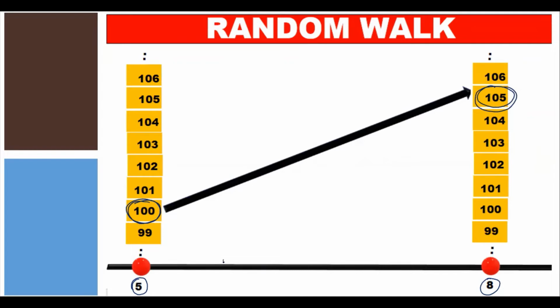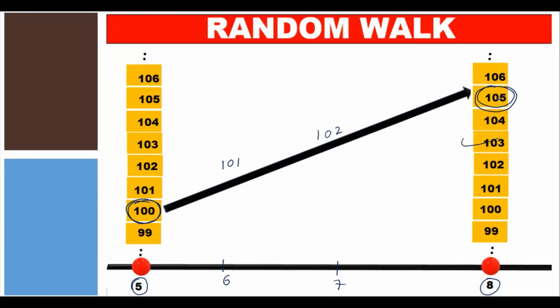So there is 6 here, 7 here, 8 here. So 5 to 6 once, 6 to 7 once, 7 to 8 once. If someone is sitting there and tossing a coin, if I win all the 3 times, from 100 I will go to 101, from 101 I will go to 102, from 102 I can go only up to 103.